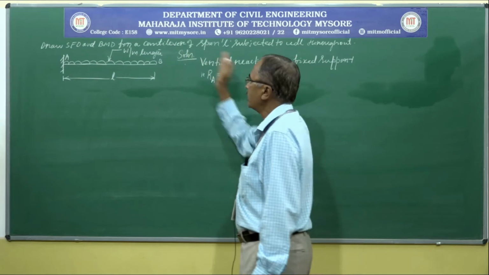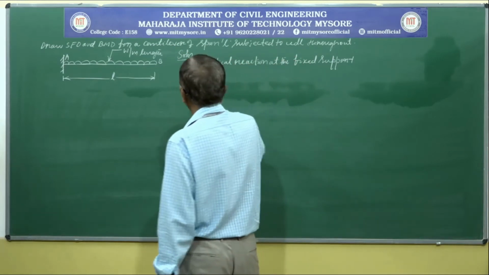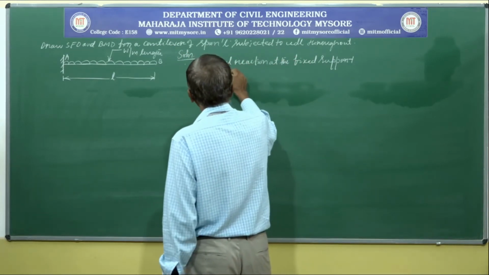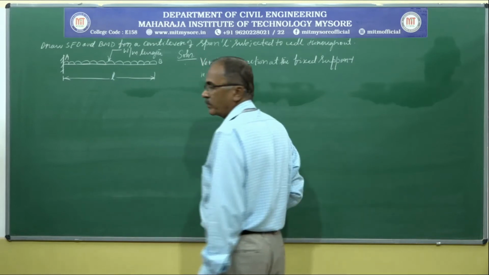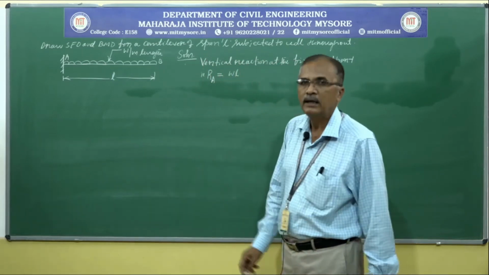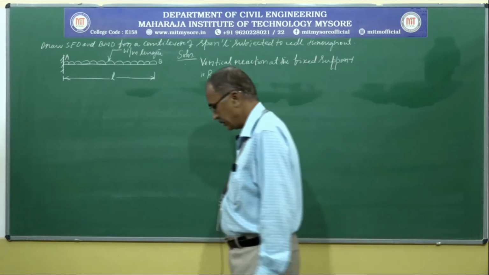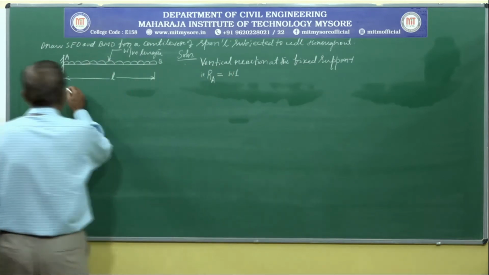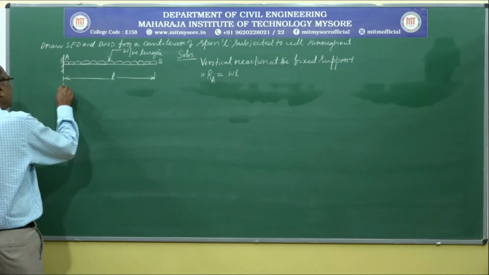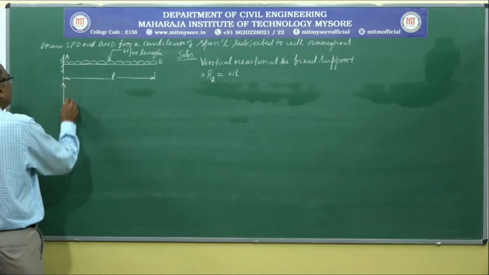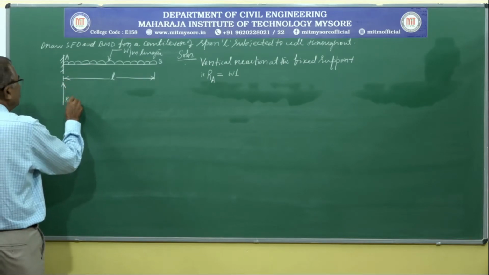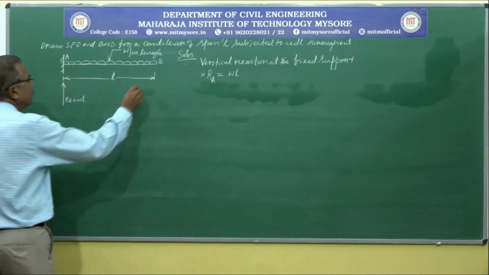The intensity of the UDL is W per meter length, so that is equal to W into L. This is the vertical reaction at A. Let us mark this reaction: RA is equal to W into L.